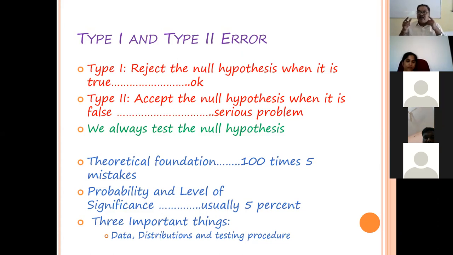If you are rejecting the null hypothesis when you have more than 95% of confidence and less than 5% of error, then you are not making any error. Meaning your decision of rejecting the null hypothesis and accepting the alternative hypothesis is right.